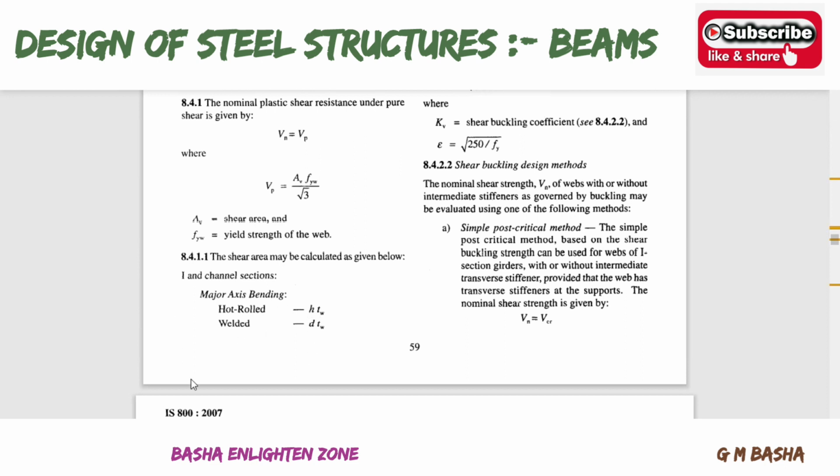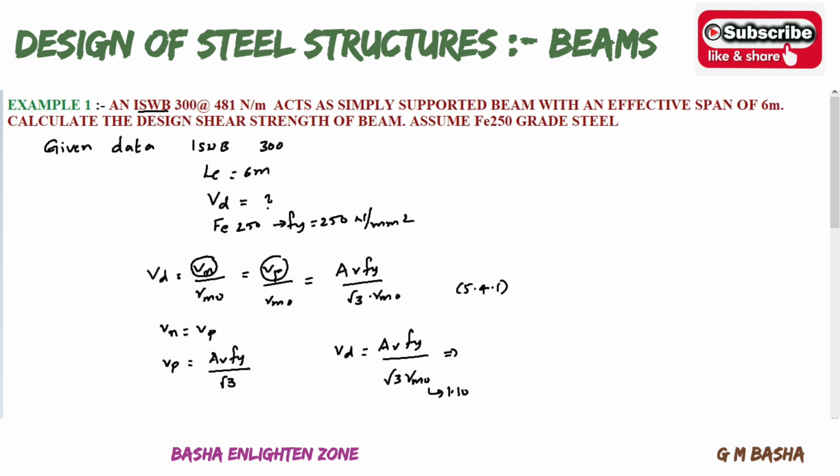If you are taking welded, you can take d into tw. But we are choosing rolled beams, therefore h into tw. So take down that formula directly: h into tw into fy, this fy indicates the 250 value, by root 3 into gamma m naught.